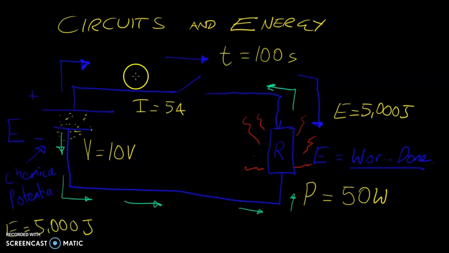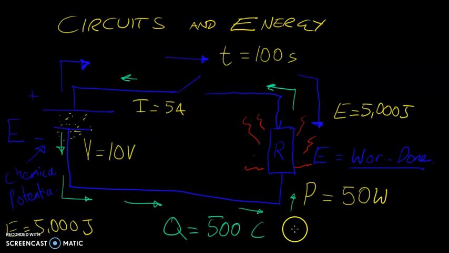The quantity of charge, measured in coulombs, Q, was, what was it, guys? It was 5 amps times 100 seconds. So we're talking about 500 coulombs. Now, just to put that in context, 1 coulomb equals 6.24 times 10 to the 18 electrons. That's a lot of electrons.